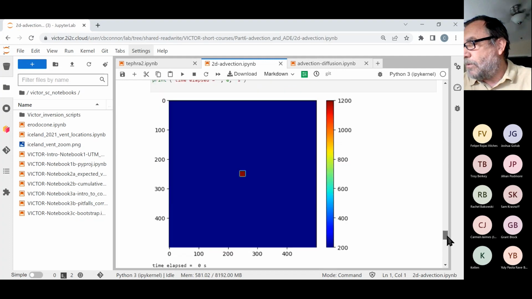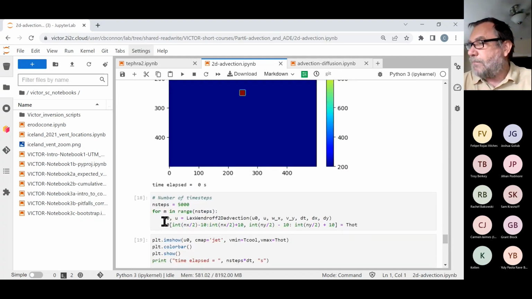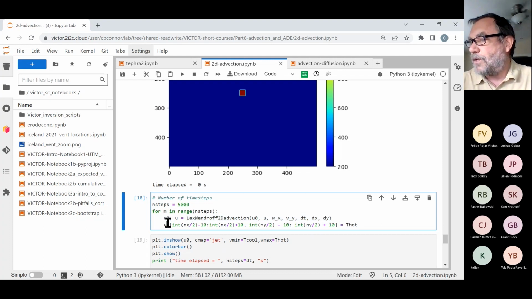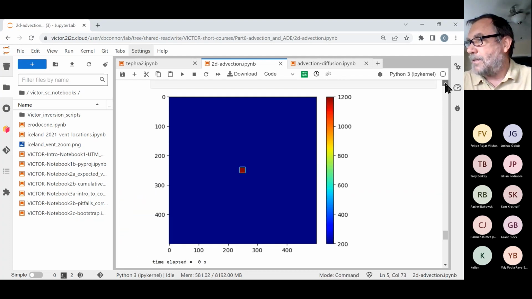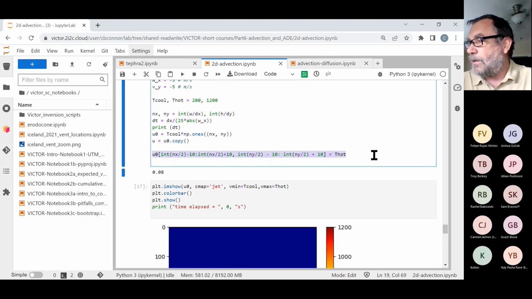What's my code? Down here. Okay, so what I did was I said, all right, just like before, here I'm going to have 5,000 steps. I'm going to call this new expression and pass it those variables. Structurally, it's really the same as what I was doing before. But now I've added a term down here. This equation is exactly the same as the equation on my boundary conditions up here.